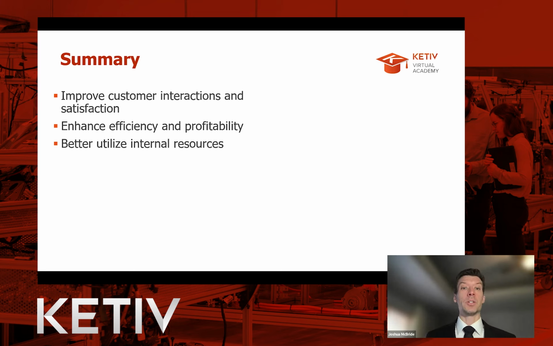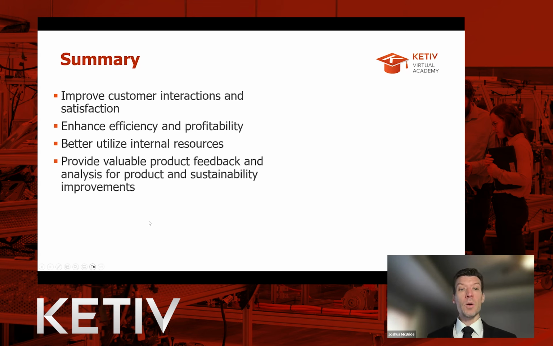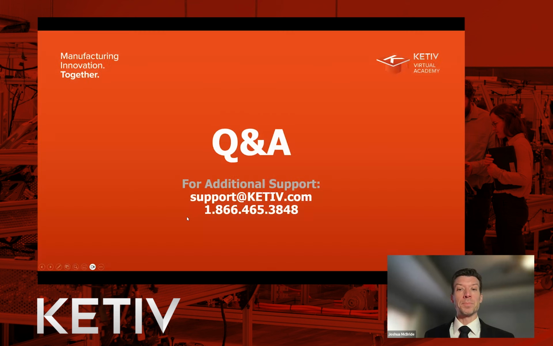And having the automation do that, we can utilize their knowledge by even providing them analytical materials through that sustainability piece, so that they can enhance the product and enhance methodologies in producing the product to become even more efficient and profitable. And ultimately, we provide valuable product feedback and analysis for product and sustainability improvements, which is really what I was just talking about.